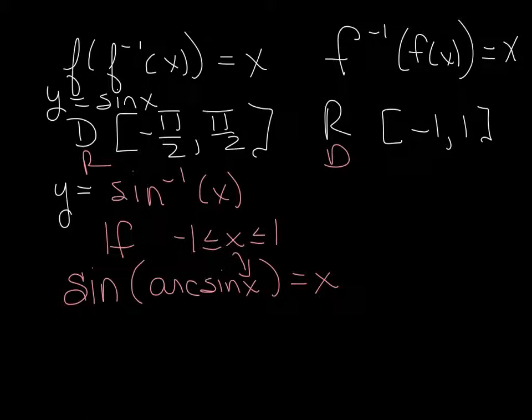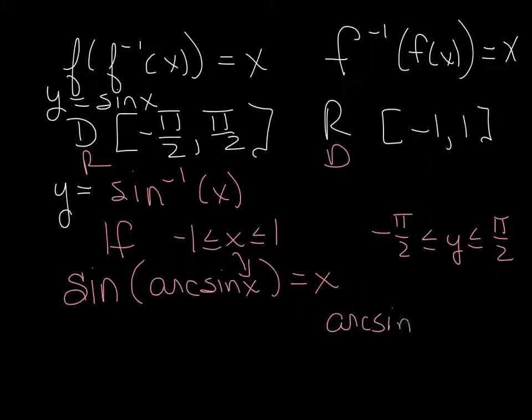Or if negative pi over 2 is less than or equal to y is less than or equal to pi over 2, and we take the arc sine of the sine of y, that's just going to be equal to y.